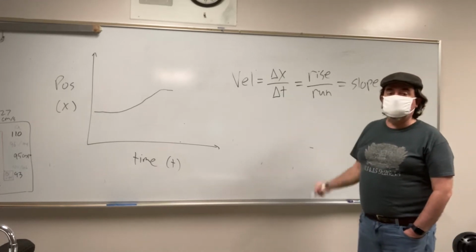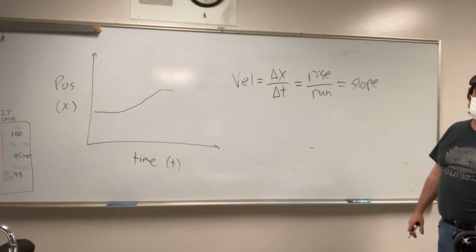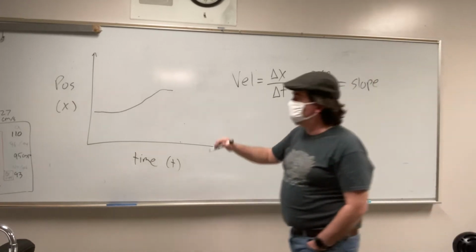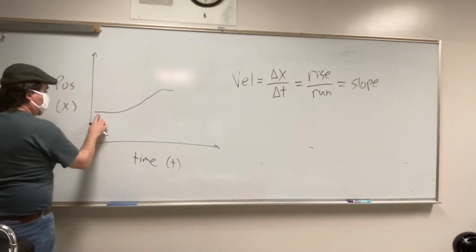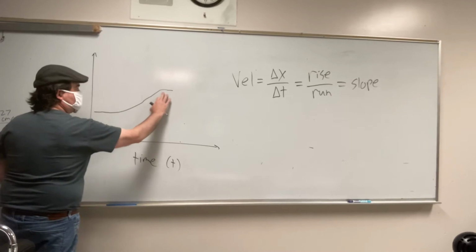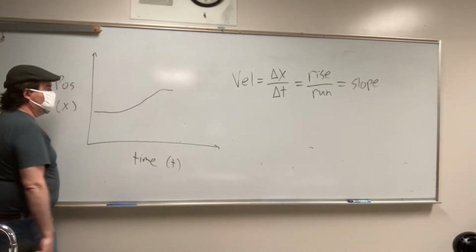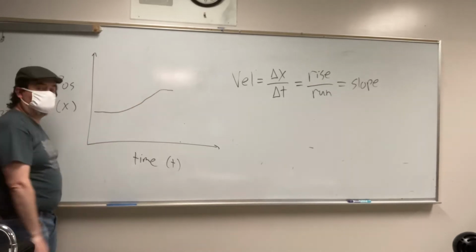So what you need to understand here is that we can tell information about the velocity by looking at the slope of a position graph. This velocity is 0 because the slope is 0. This velocity is 0 because the slope is 0. And this velocity here is not 0 because the slope is not 0.